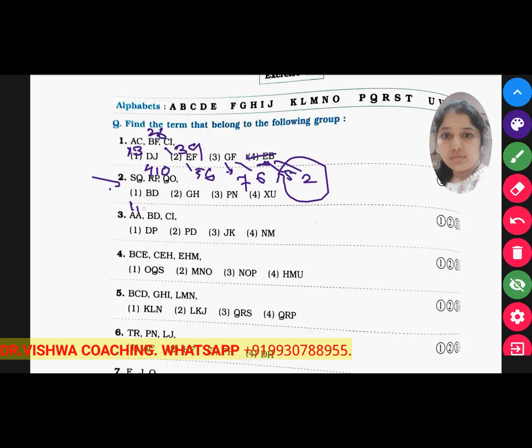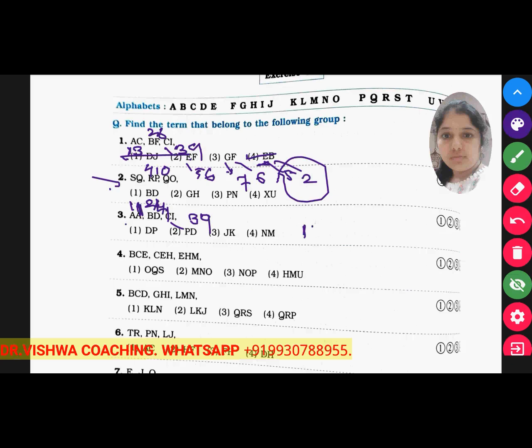AA means 1 1, BD means 2 4, CI means 3 and 9. So 11, 24 and 39, like this we can see the numbers. Now you look carefully what you find here, not like the table of 13. Okay, so there may be some other pattern.